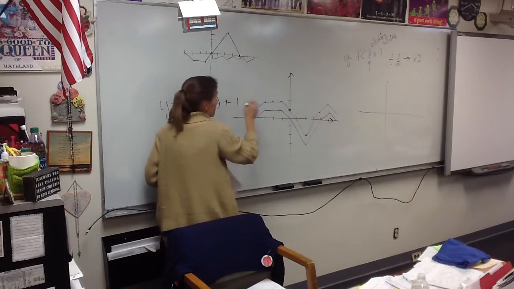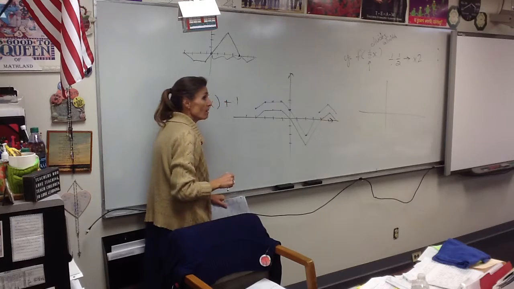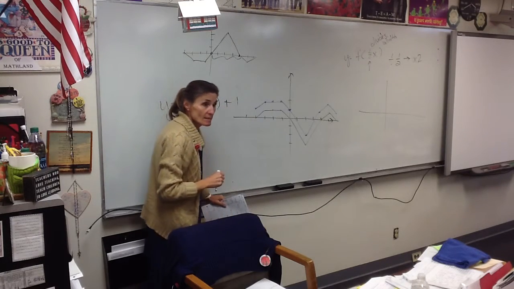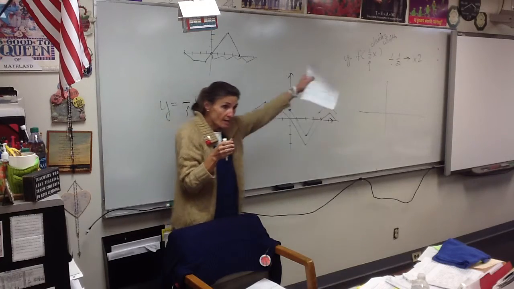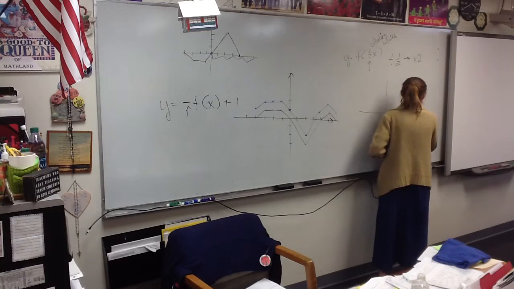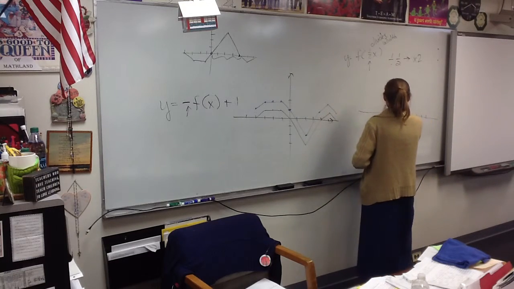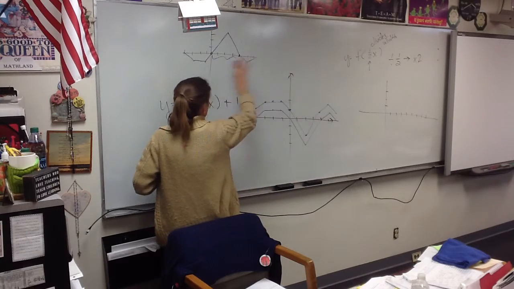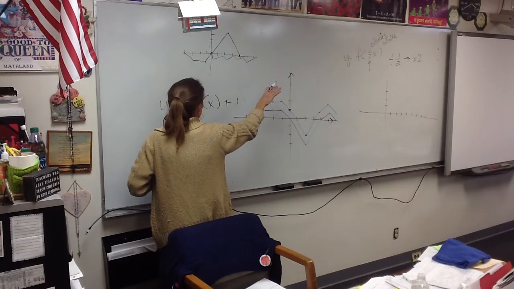How wide is he? Remember, this is all about width. He's 4 units across. So that means instead of being 4 units wide, he's going to be 8 units wide. 1, 2, 3, 4, 5, 6, 7, 8 units wide. So every point here is going to be stretched twice as far this way.